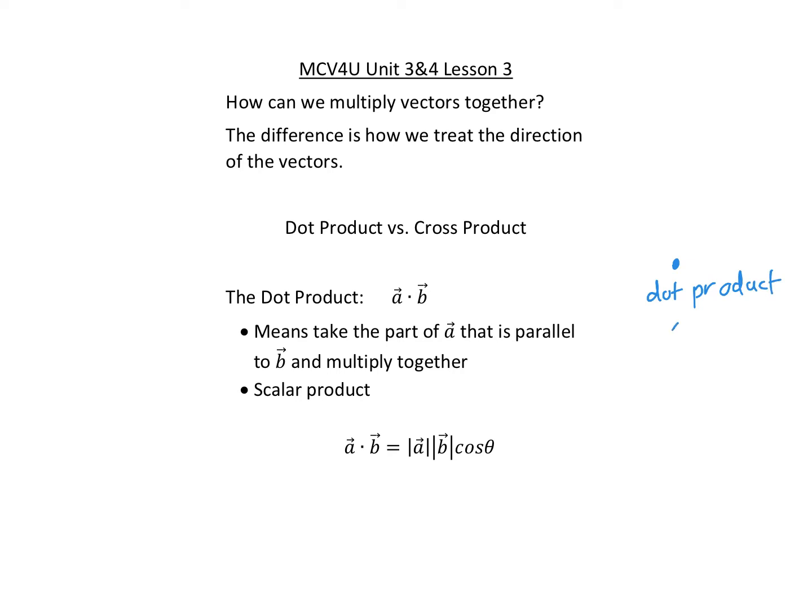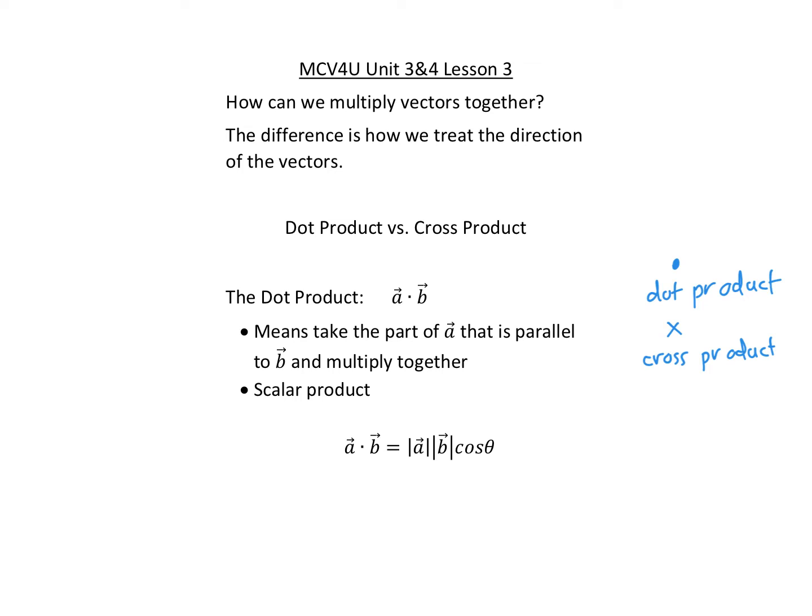If we're using the cross product, we use an X. That will distinguish between the two, which is a little different when we look at multiplication. Sometimes instead of an X, we use a dot for multiplication, because sometimes the variables that we're using are x's, and we don't want to confuse multiplication with the variable. But in this case, we use the dot for the dot product and the cross for the cross product.